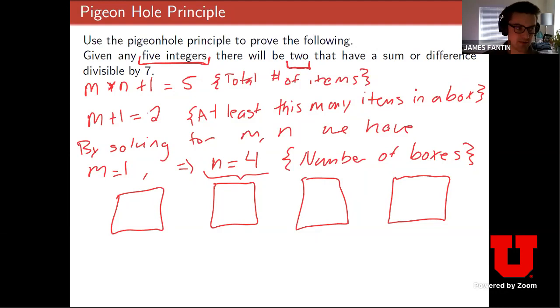Awesome. So we've got some really good answers coming into chat, and they all pretty much deal with the same thing. We're going to be looking at the remainder of a given integer when we divide it by 7.